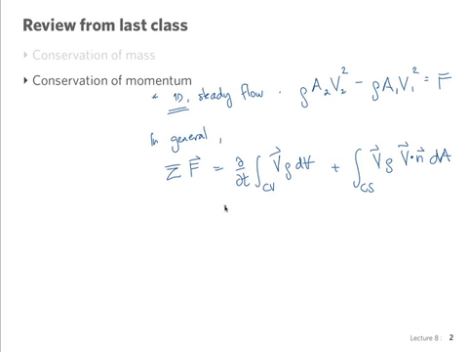So what do these two integrals mean? This represents the time rate of change of the momentum in the control volume, right? We have the time rate of change here.